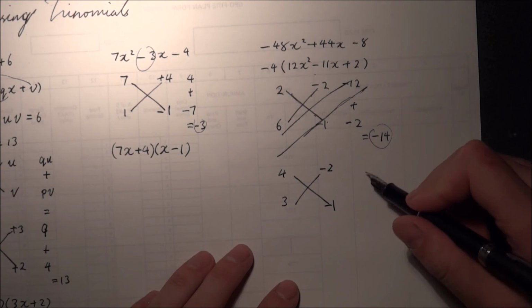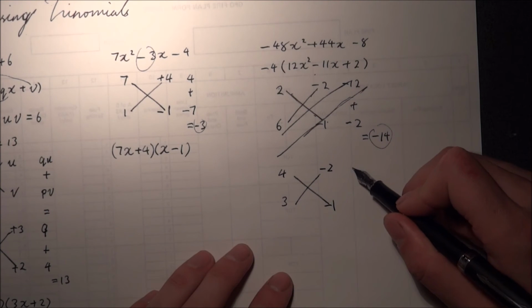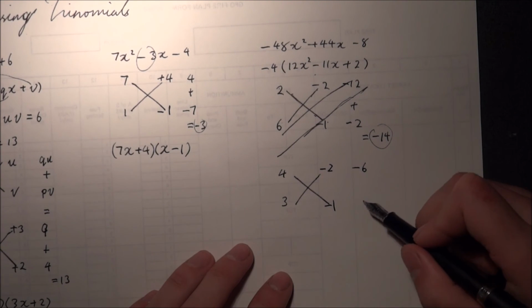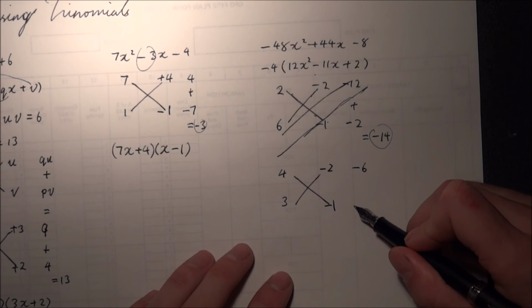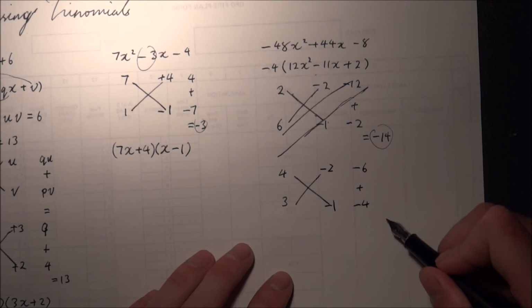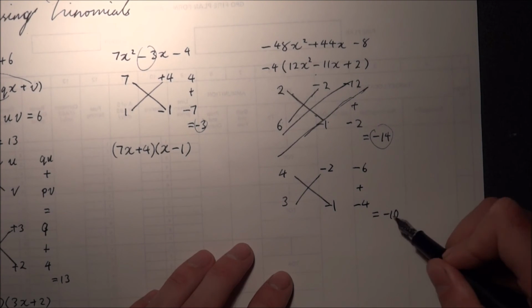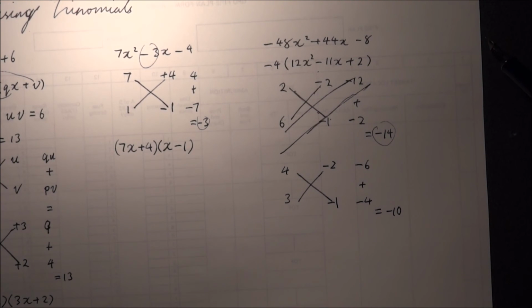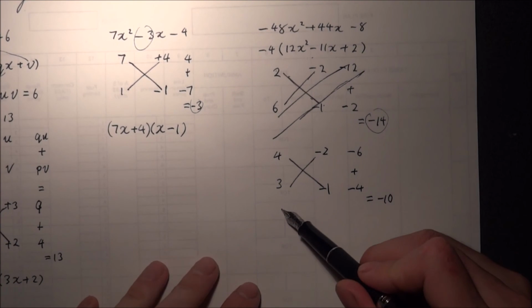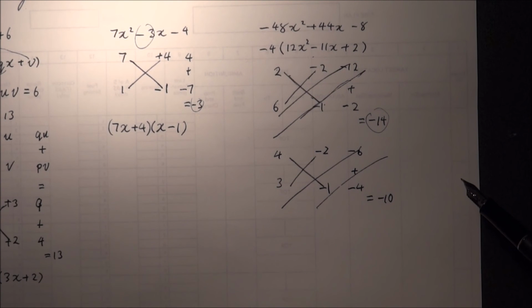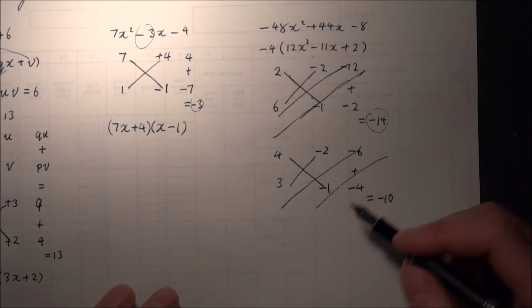Well, 3 times negative 2 is negative 6. 4 times negative 1 is negative 4. Obviously, when you add them, it's negative 10. So negative 10 is not negative 11, which means this is incorrect as well, and we have to make another attempt.